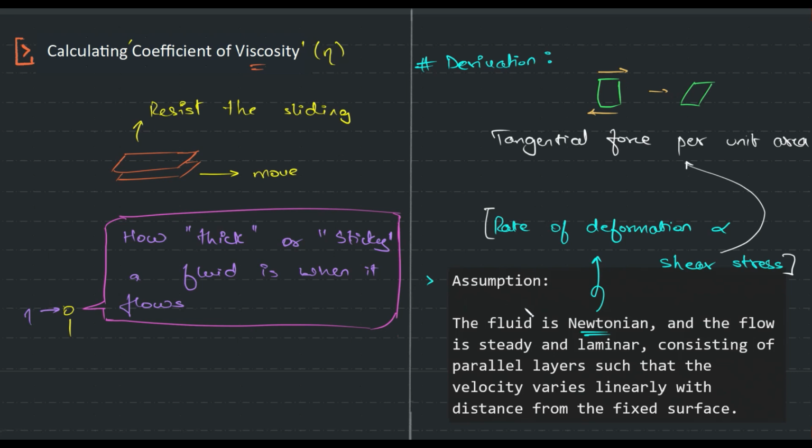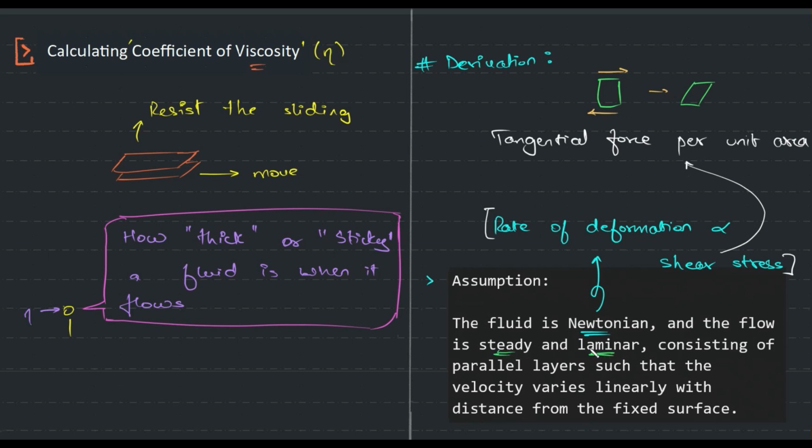A fluid which is Newtonian, and the flow is steady and laminar. These are all the conditions, consisting of parallel layers such that the velocity varies linearly with distance from the fixed surface. This is the assumption that we are making. I hope you understand the word laminar.